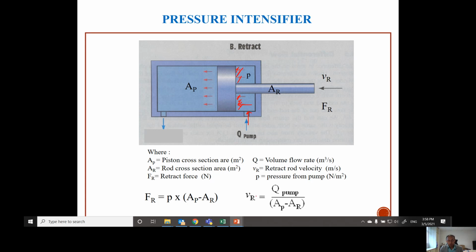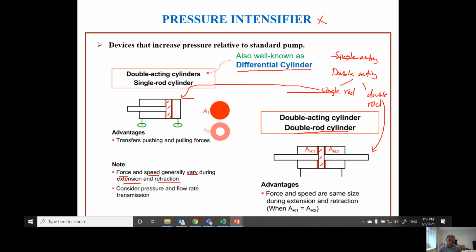Same for the velocity, you have to consider the same area, which is Q pump divided by AP minus AR. That is why when you have a differential cylinder or double acting cylinder, the force and speed generally vary during extension and retraction.